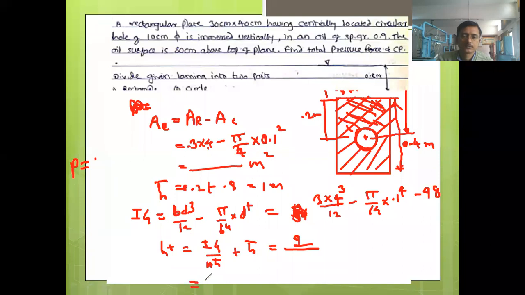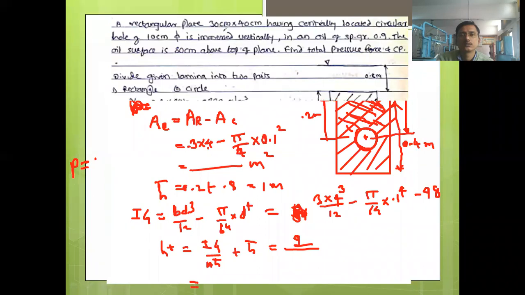Sir, b and d are 0.3 and 0.4, right? For the rectangle, b is 0.3 and 0.4 is the height. Ig is 0.3 into 0.4 raised to 3 divided by 12 minus the circle term. The rectangular plate is 30 centimeter by 40 centimeter, so 0.3 meter is the width and 0.4 meter is the height.